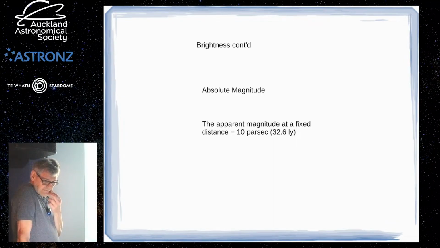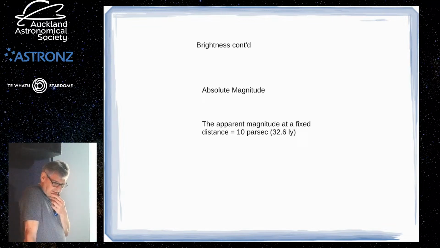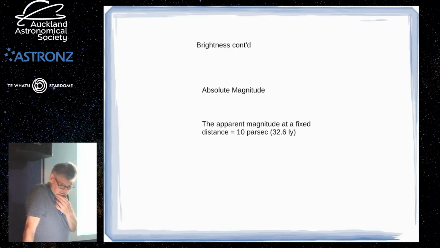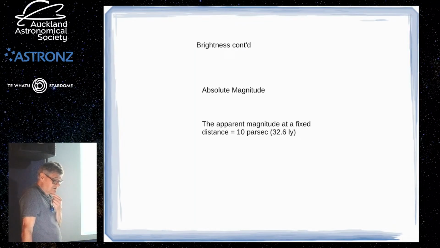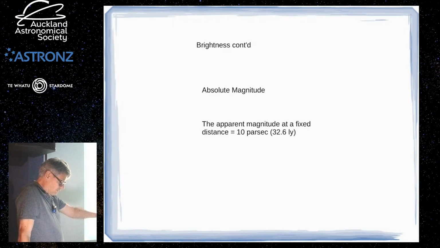So they have this idea of absolute magnitude, which is how bright a star would appear to be if all the stars were at the same distance. The distance they arbitrarily chose is 10 parsecs, or 32.6 light years. So if you move all of the stars to that distance and then measure the apparent magnitude, what you're measuring is now the absolute magnitude. So it's comparing what they would be like at the same distance.